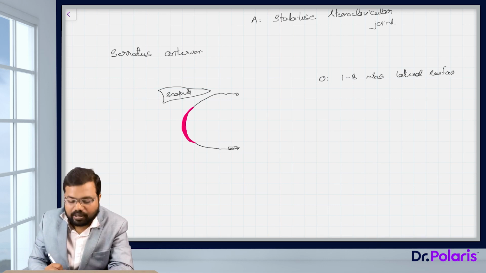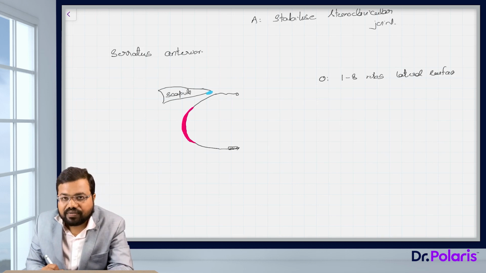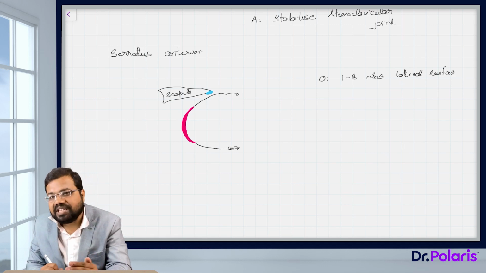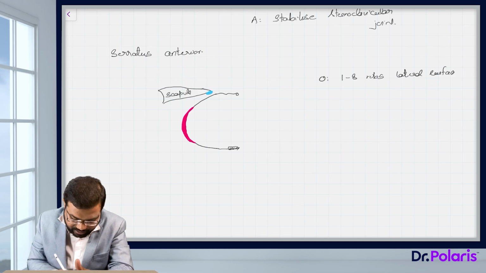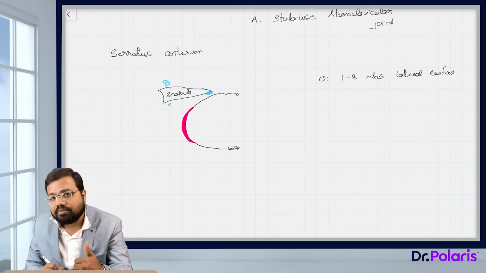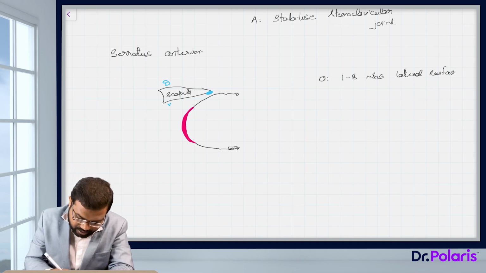From there the fibers go and insert along the ventral surface of the scapula towards the medial border. This is the ventral surface and this is the dorsal surface. Over the ventral surface on the medial side, these fibers get inserted, radiating like this.